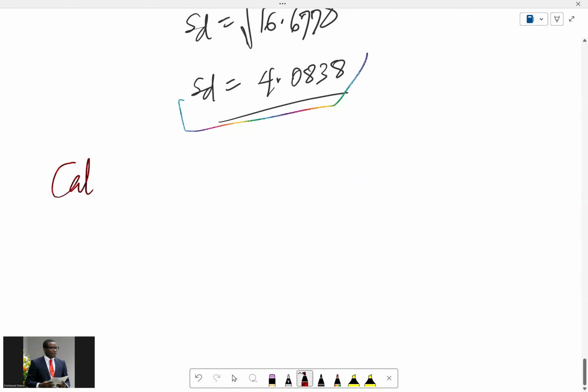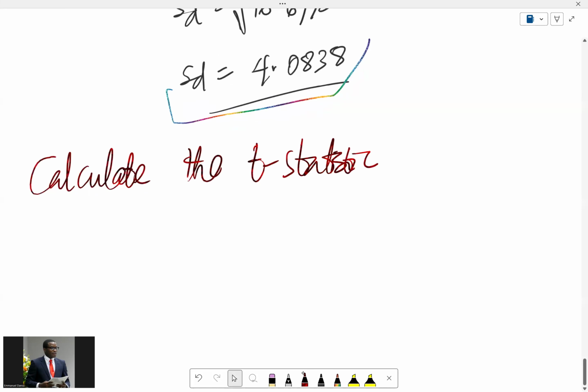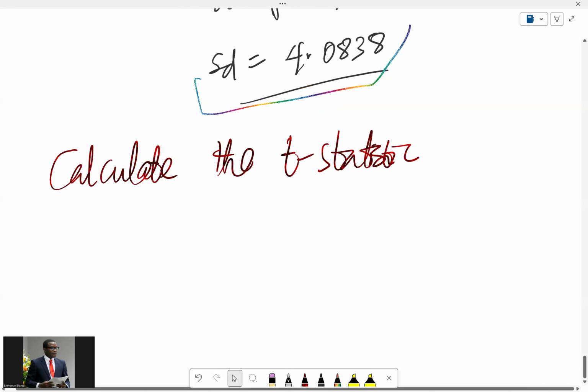So calculate the t-statistic, and of course the t-statistic is computed from t equals d bar, the mean of that, divided by SD divided by square root of n.